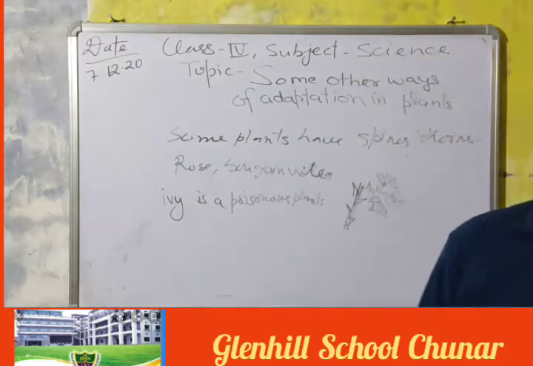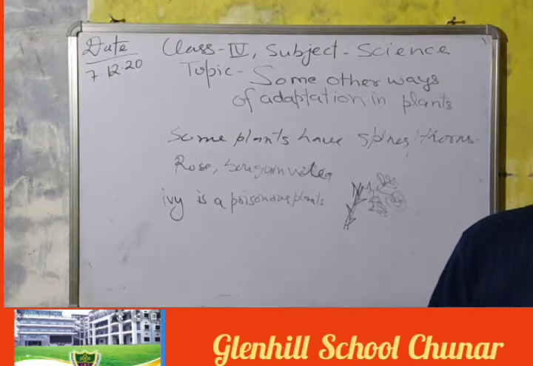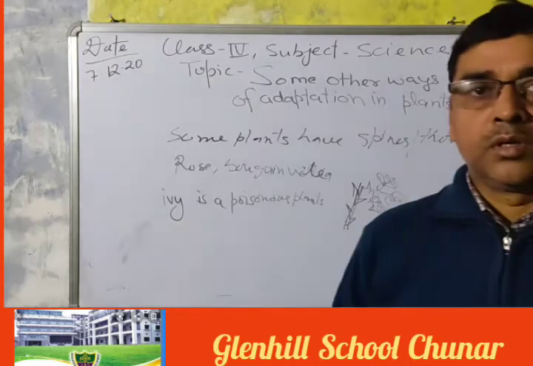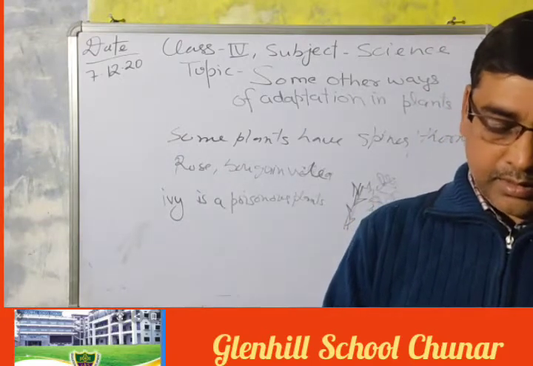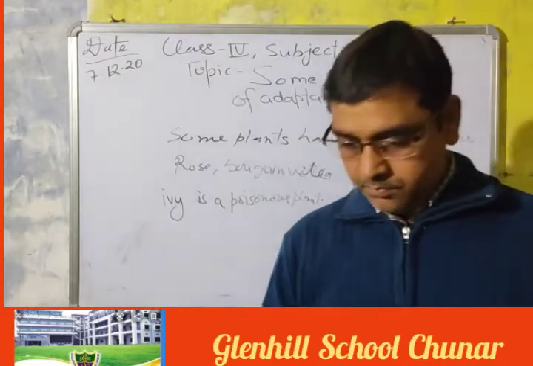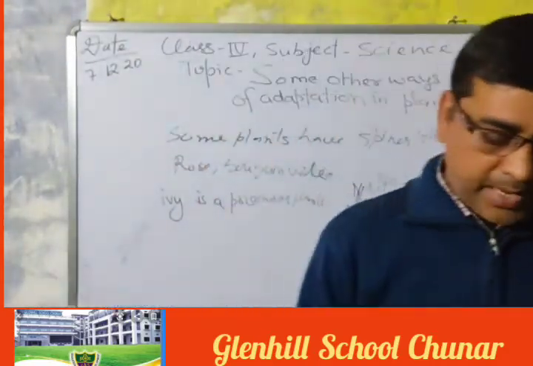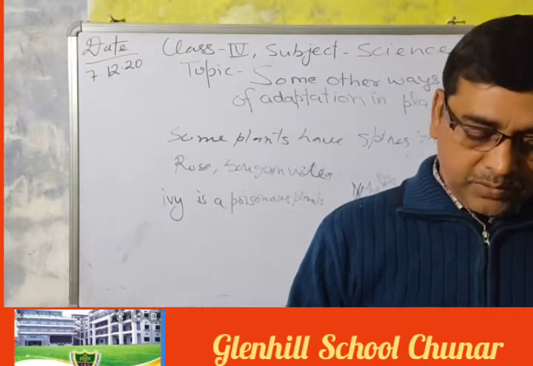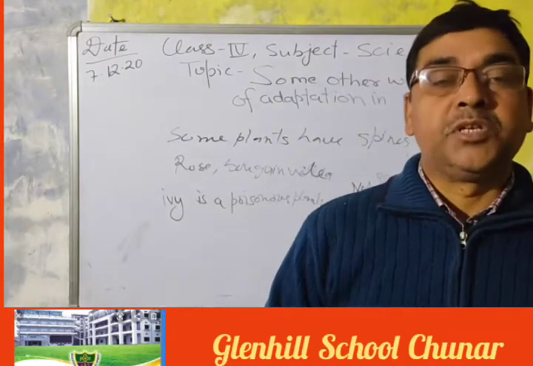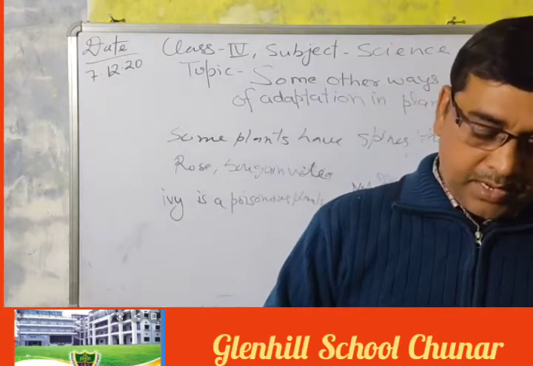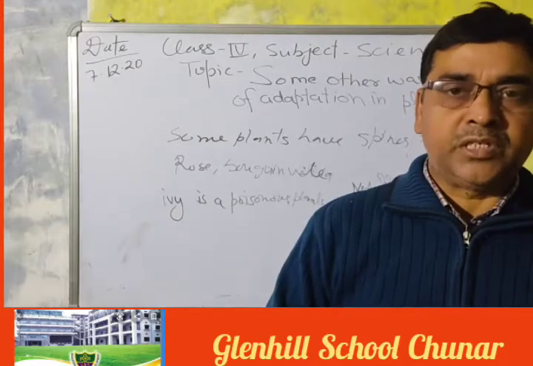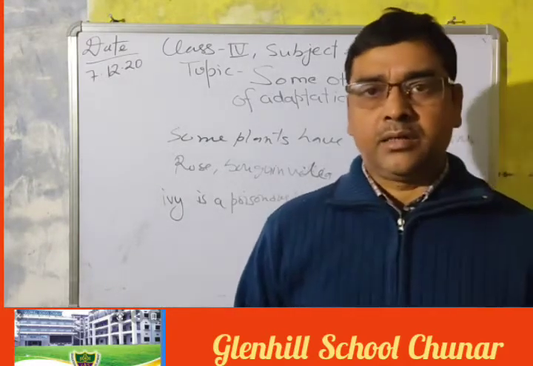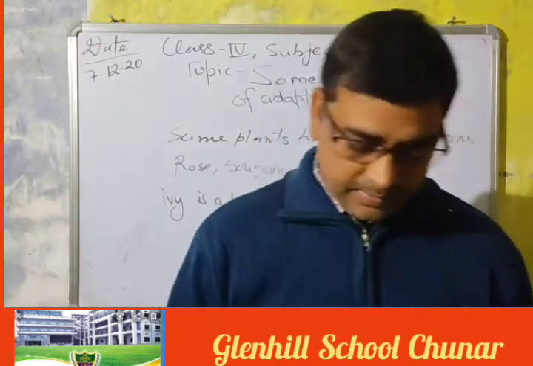So they fulfill their nitrogenous food needs from insects, like sundew, Venus flytrap and pitcher plant. They have special features by which they get their nutrients from insects.